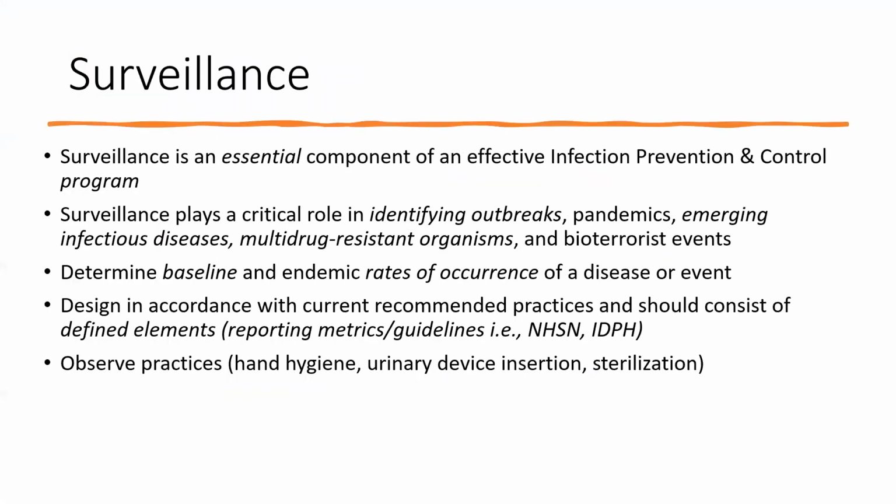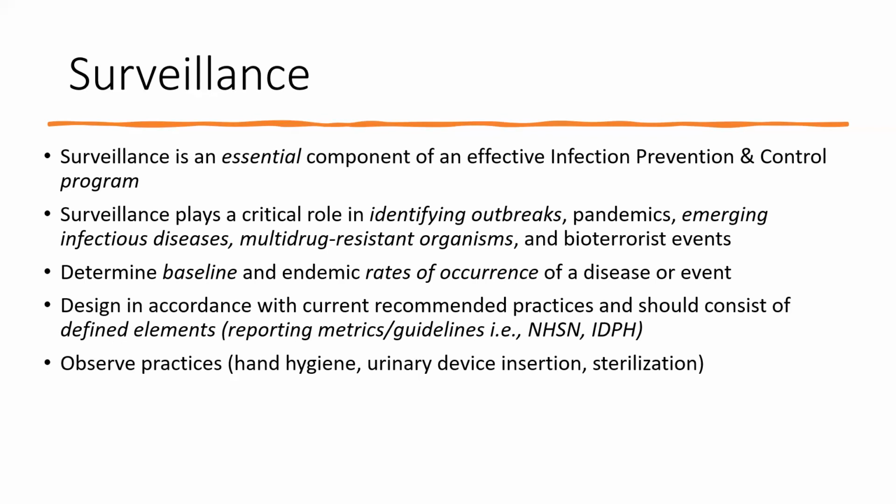Let's switch and talk a bit about surveillance as part of the daily workflow of the infection preventionist, or the IP. So surveillance is an essential component of an effective infection control program. Surveillance plays a critical role in identifying outbreaks, pandemics, emerging infectious diseases, MDROs, and also bioterrorist events.